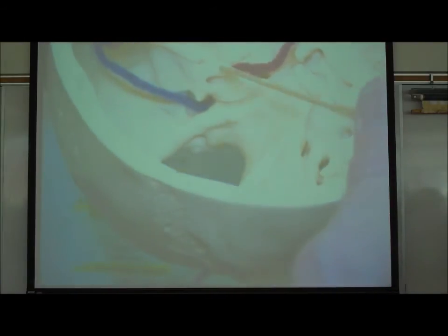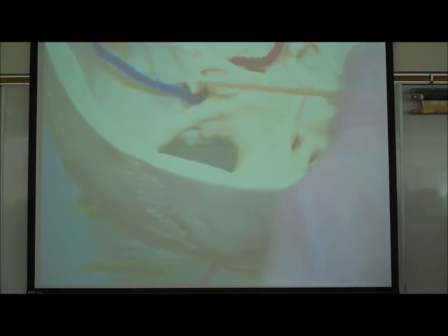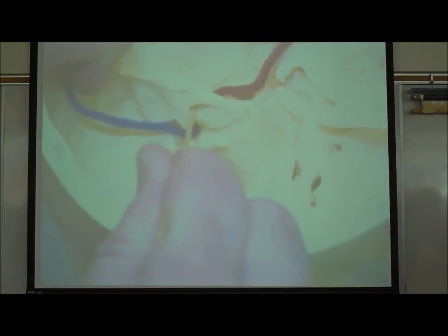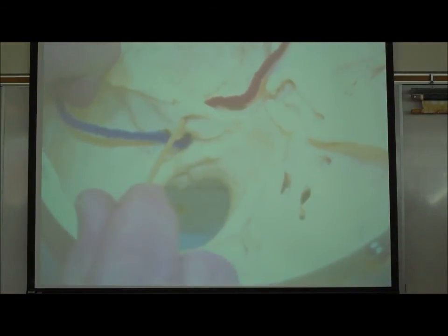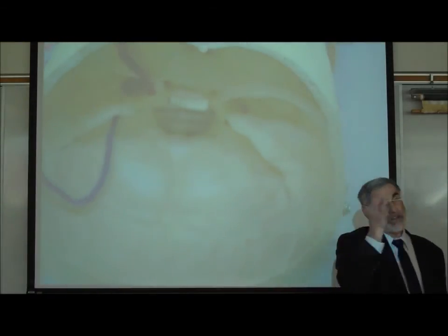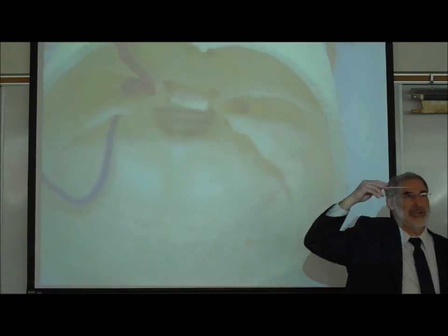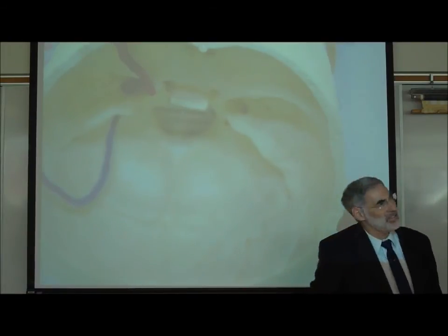You'll notice it's the opening right above the jugular foramen on the inside. So if you can see the jugular foramen, right above it is the internal auditory meatus. It's a canal. In other words, it's called a meatus, a canal, not a foramen, because the hole does not go through. You could not take a stick and stick it through the external auditory meatus and have it come out through the internal auditory meatus.